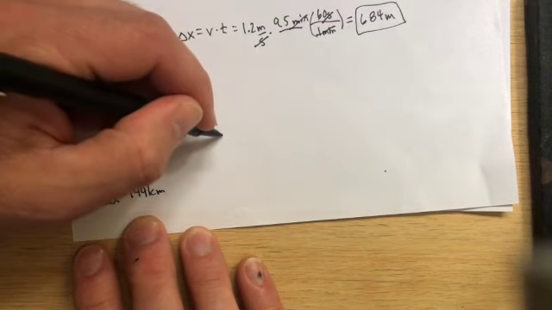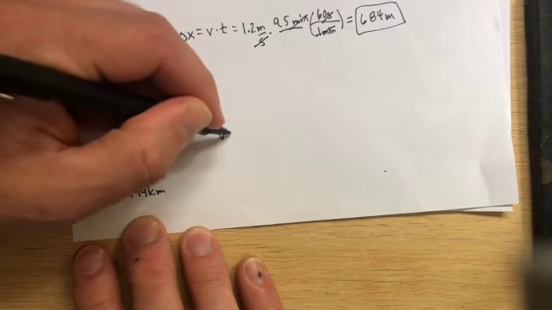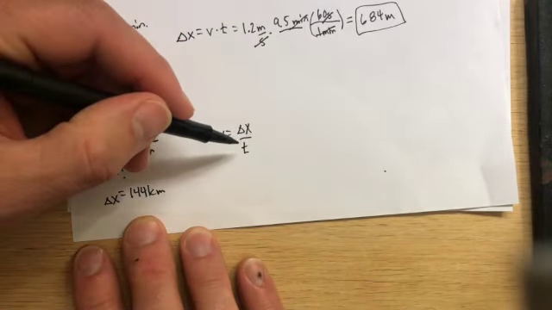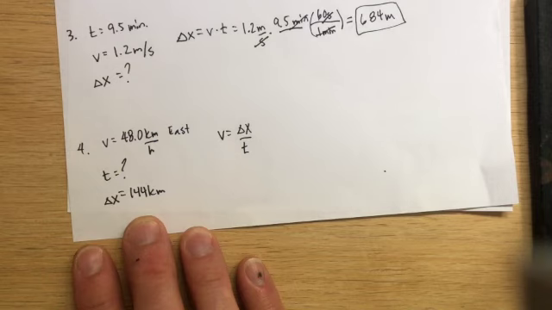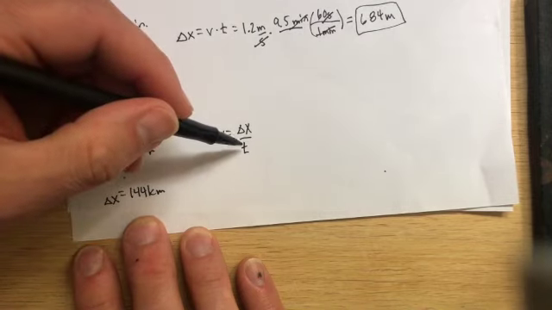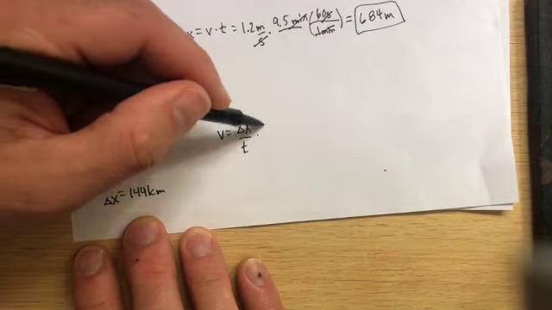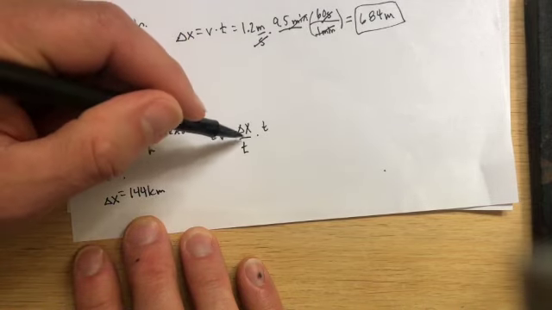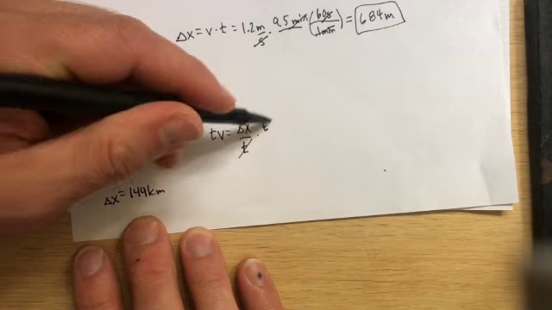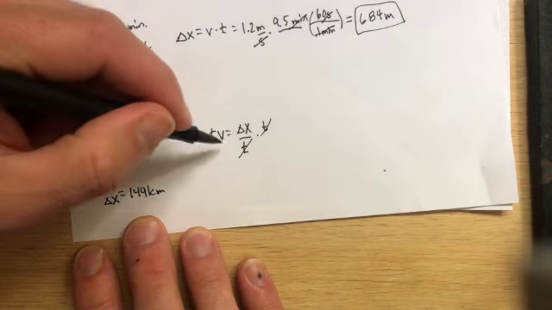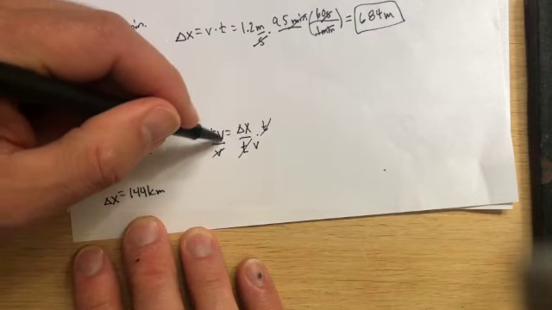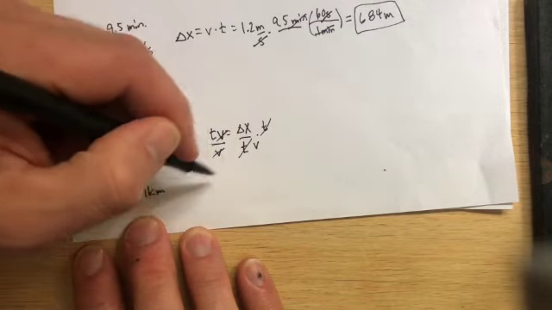Well, I go to my original equation that V equals delta x over t, right? And we're going to solve it for time, so we want to get time all by itself. So we have to get it out of the denominator. Right now it is dividing, so let's do the opposite and make that a multiplying thing. So t times v, t over t, those cancel out. And now I'm going to divide by v on both sides so that t can be by itself. So let's rewrite this.